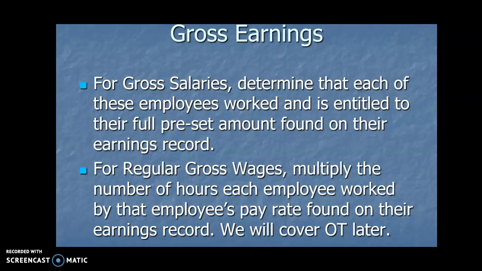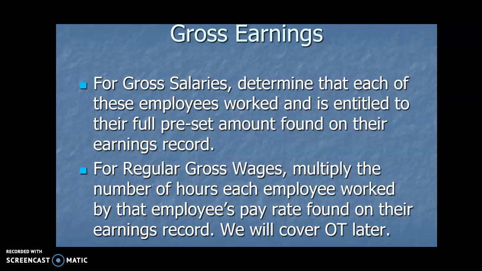Gross earnings for gross salaries determine that each of these employees worked and is entitled to their full preset amount found on their earnings record. So for a salaried person, it might say that they get their full salary if they worked at least 35 hours. If they work less than 35 hours, then they have to give up some of their salary.